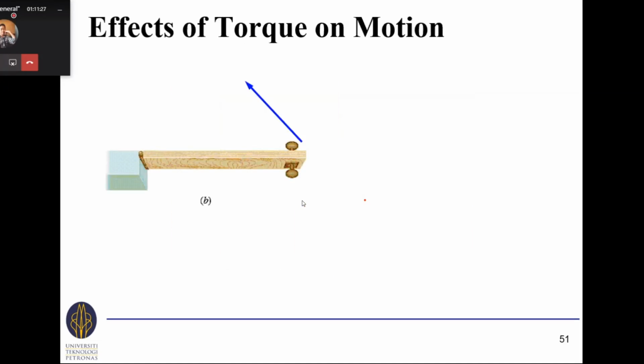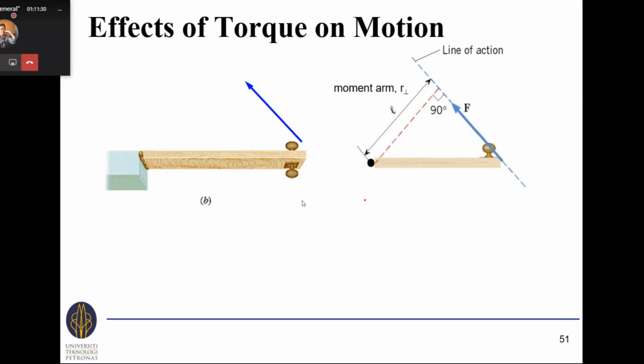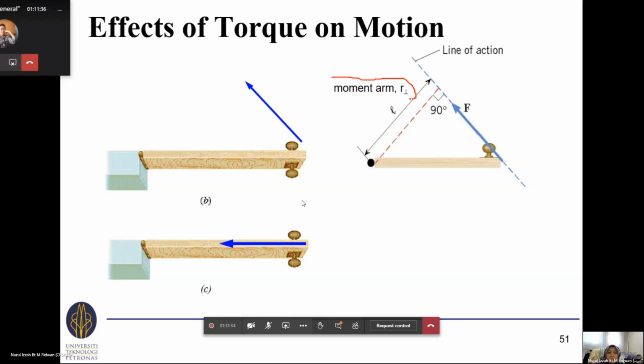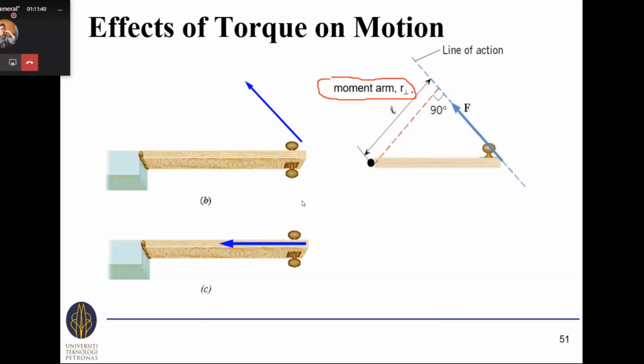This is basically what I just explained. You also have the term moment arm here, referring to the R. Instead of just referring to R as radius, it also refers to how far it is from the axis of rotation. So this is the axis of rotation. For example, this is the door, but you see it from the top, so please imagine it like that.